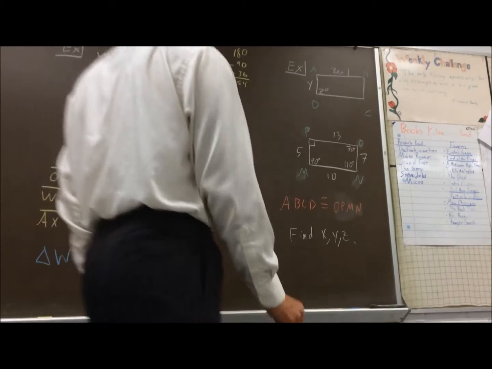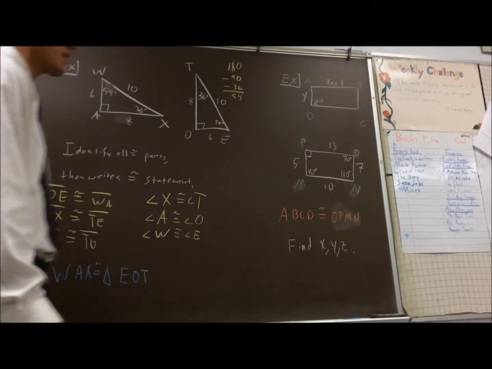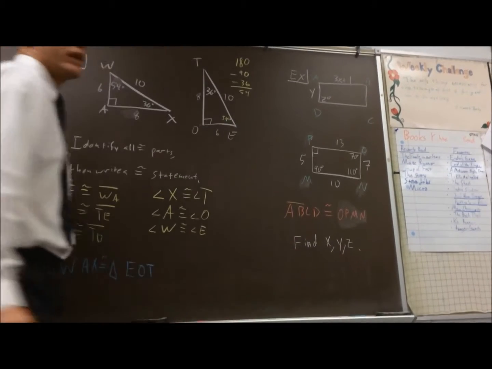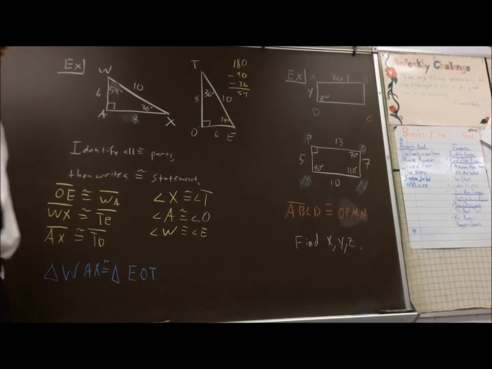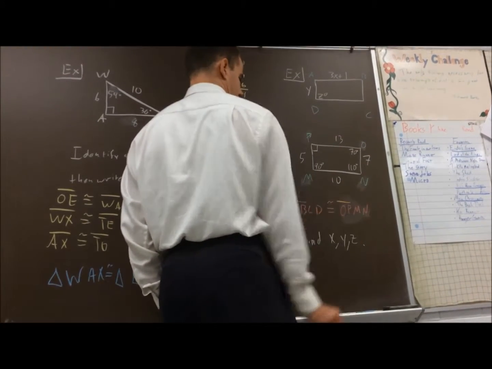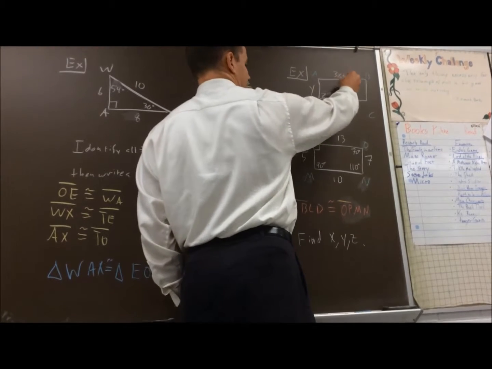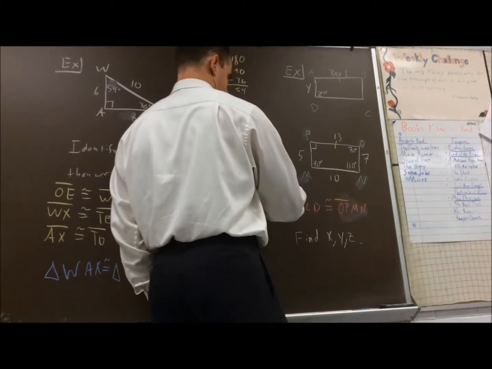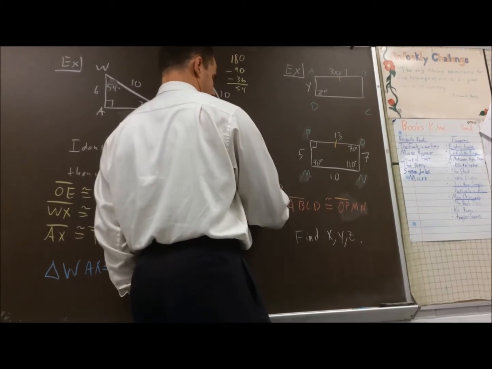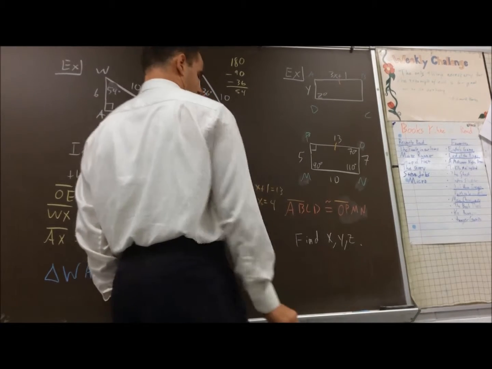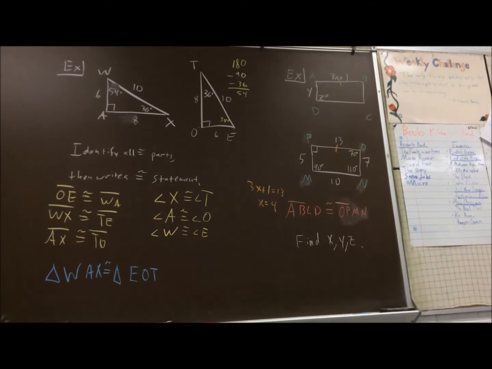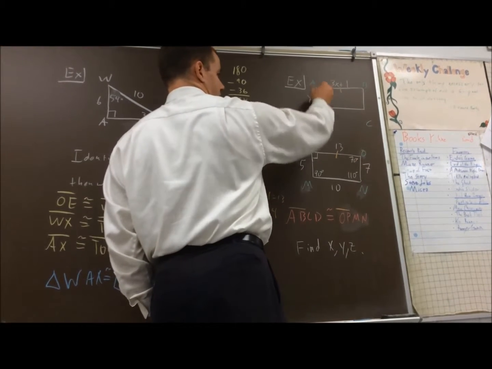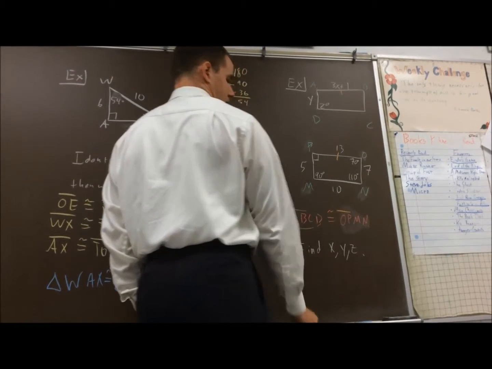Four, three, two, one. My turn. All right. AB is going to match up with what? OP. AB matches up with OP. So 3x plus 1 is equal to 13. So you work that out, you're going to get x is equal to 4. AD, y is AD.